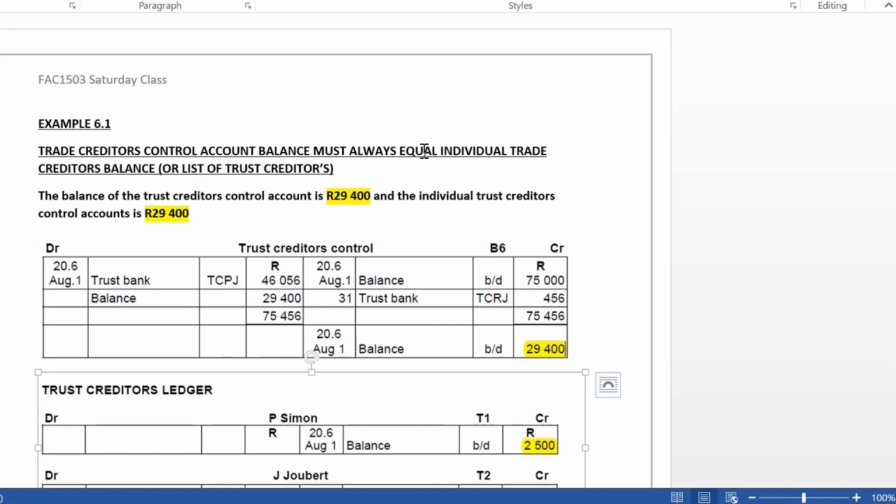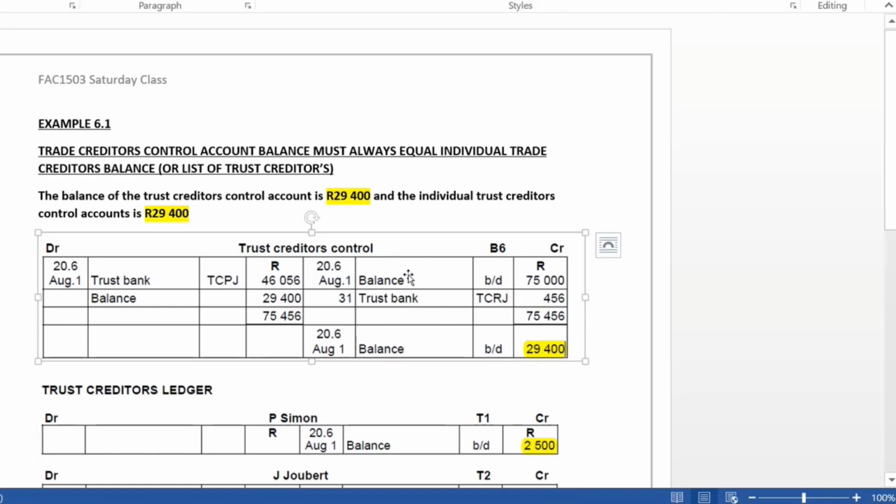Are you with me? So I'm saying to you, for example, a client transfers 29,400. This is the example. The client transfers 29,400 into the trust bank account.